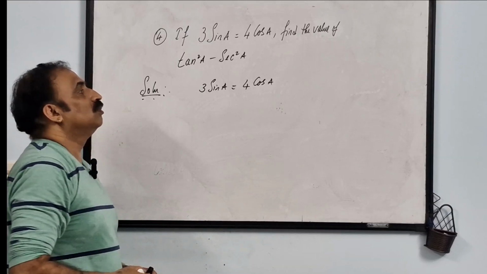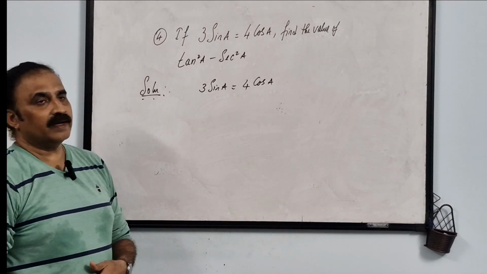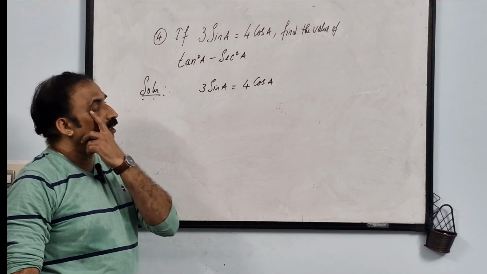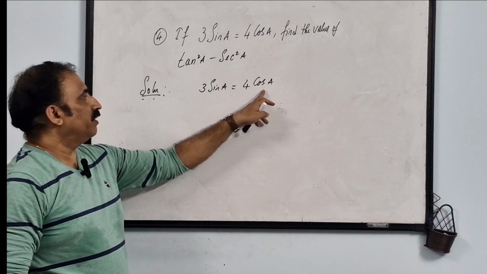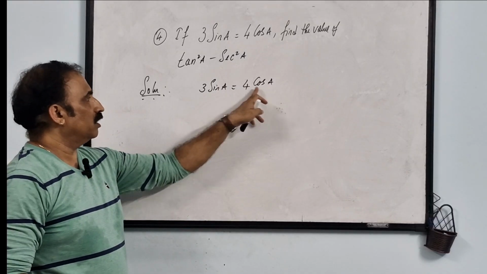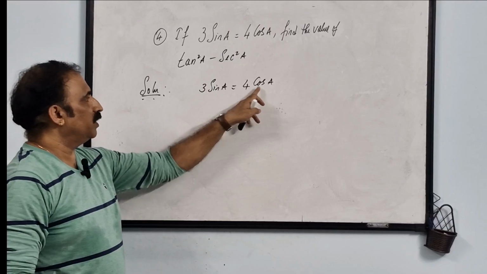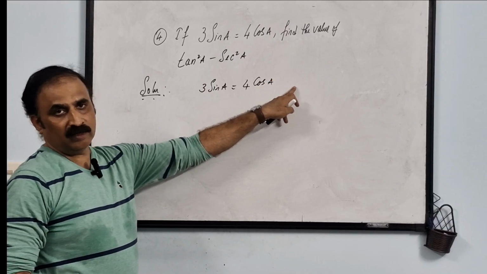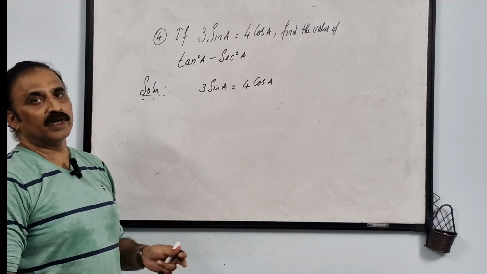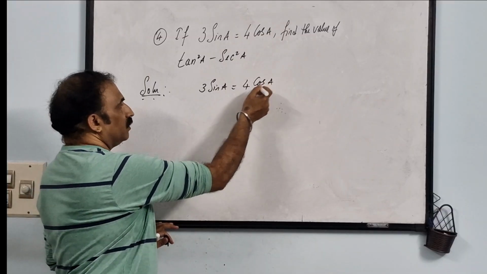As I've told you, if you have to apply it in a right angle triangle, you always have to bring it under one trigonometric function. So you can divide by cos A, or you can cross multiply. Either you cross multiply cos or you cross multiply sin, or you divide by sin or divide by cos. Any of them is going to work out. So I'll cross multiply this here.